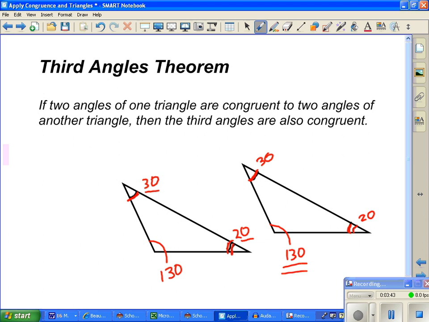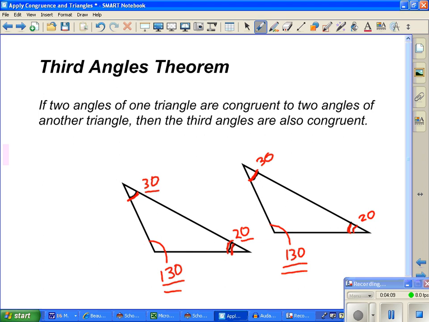So basically, what that is telling you, if you know two angles of a triangle, you're going to be able to figure out the third. And if you know that two angles of a triangle are congruent to two angles of another triangle, then you know their third angles have to be congruent, because in every triangle, the angles have to add up to 180 degrees. Simple, good stuff.